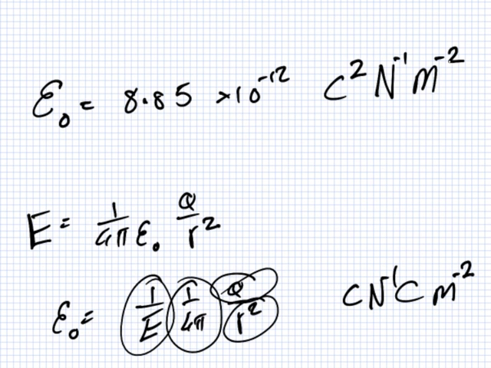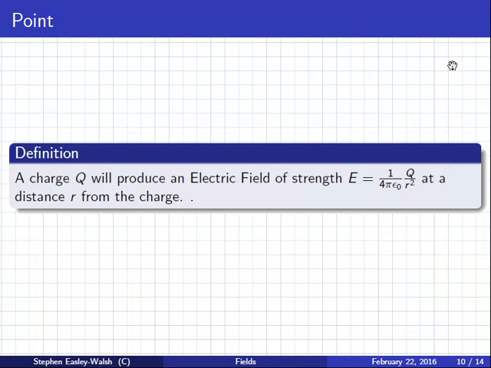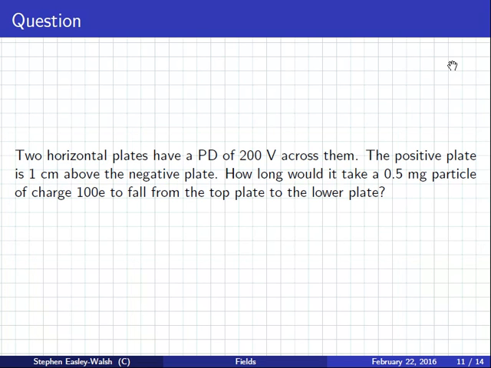I have 2 examples to do and then we'll finish. Do you know what? We have maths later today, don't we? So I'll break this lesson into 2 parts.